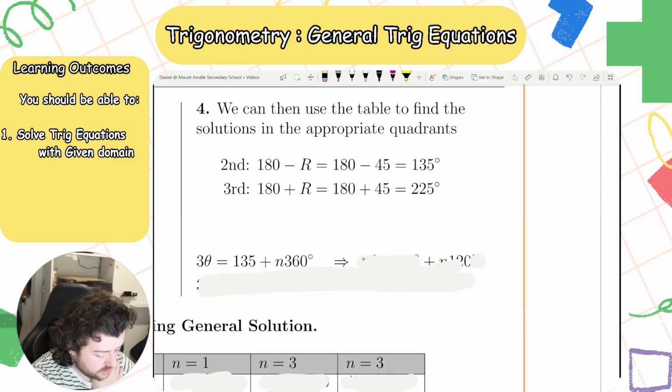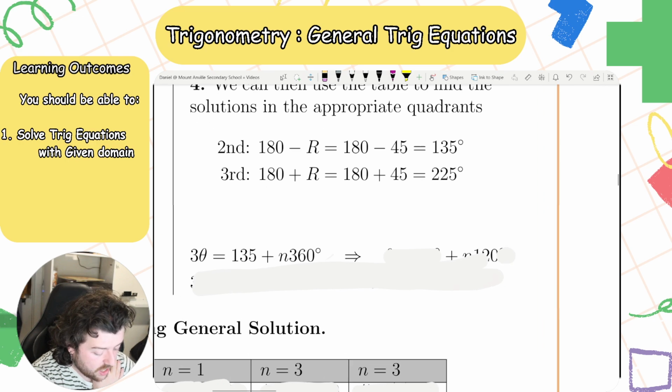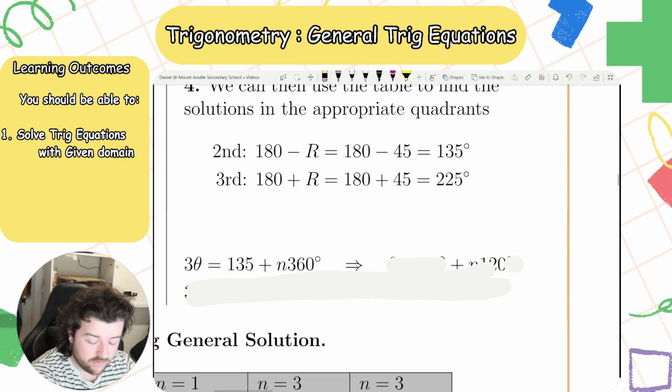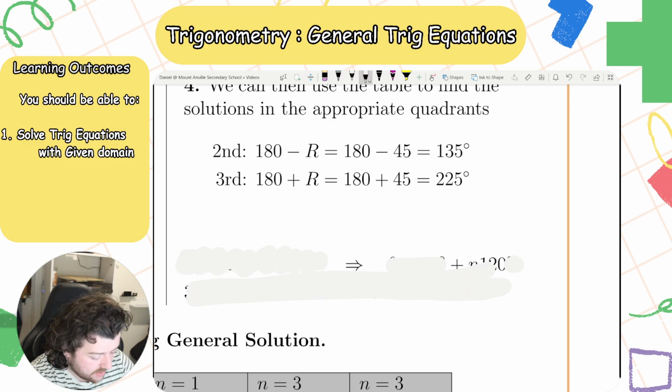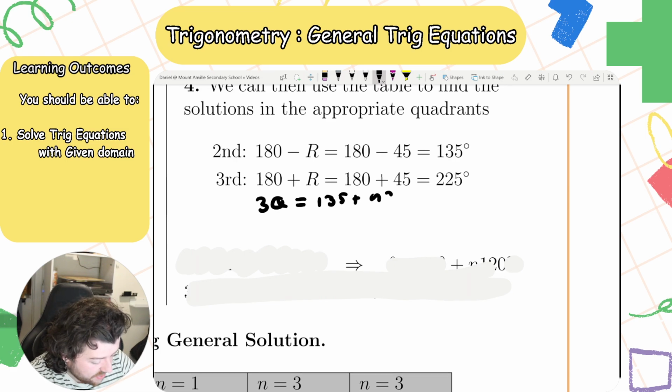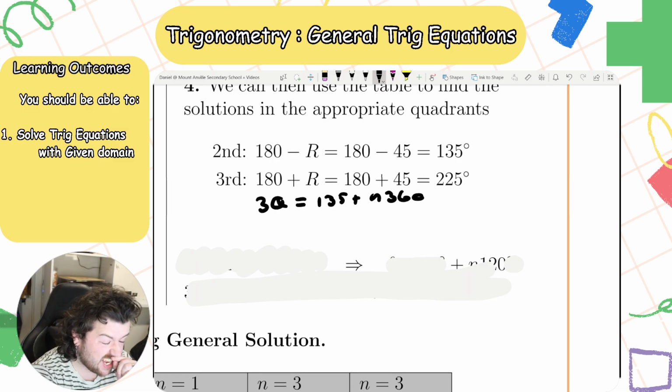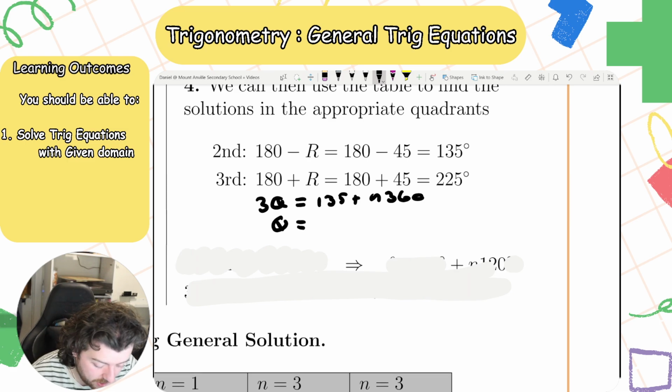So my first solution is 3 theta equals 135 plus n360, because the period of an initial cosine graph is 360. Divide everything by 3, so 135 divided by 3 is 45.